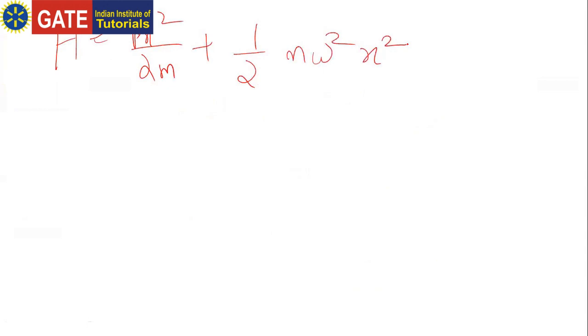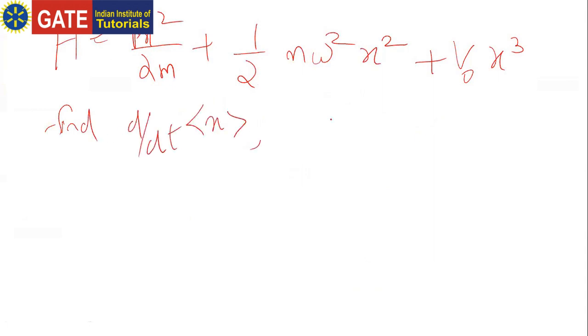Write down one homework question from this part. The Hamiltonian H is equal to Px square by 2m plus 1 by 2 m omega square x square plus v naught x cube. Find d by dt of expectation x and d by dt of expectation px.